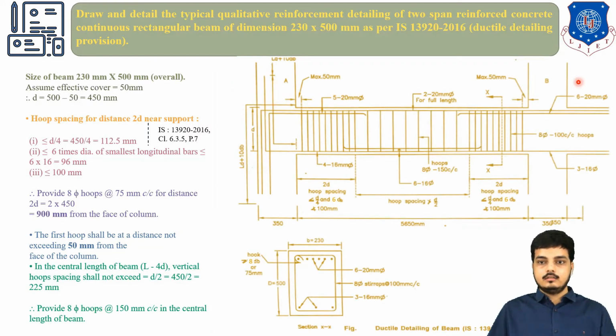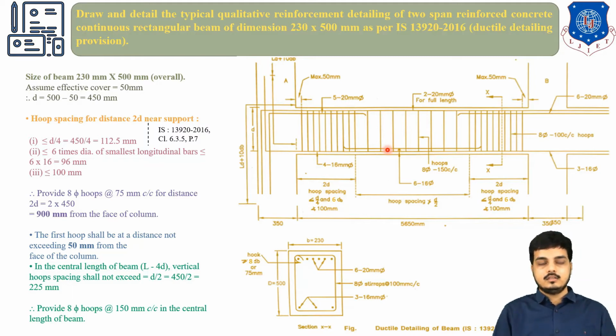Now look here. This is the kind of sketch you need to draw in the exam. So look, this is my column. This is my column, and here my beam is going. Right now, as I said, we are focusing only on the stirrups part.